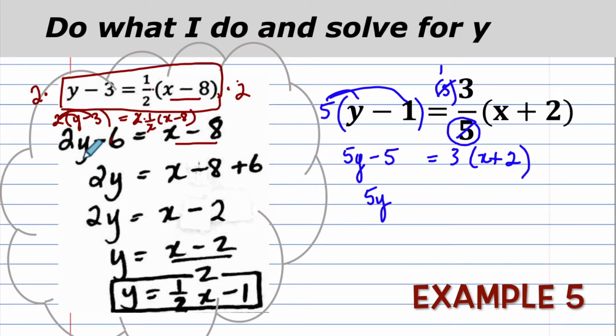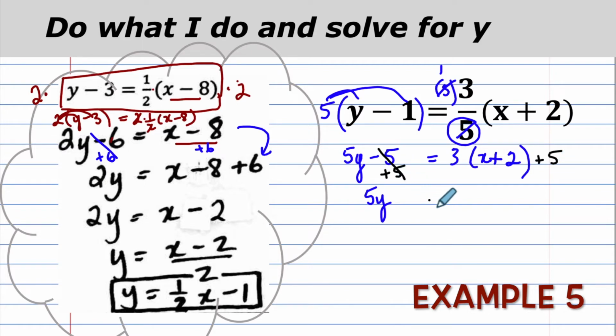Now, here's the step. From here to here, what happened? Add 6, both sides. And that made a 0 pair. That was just shown. Let's do the same thing. We're going to add 5 both sides.